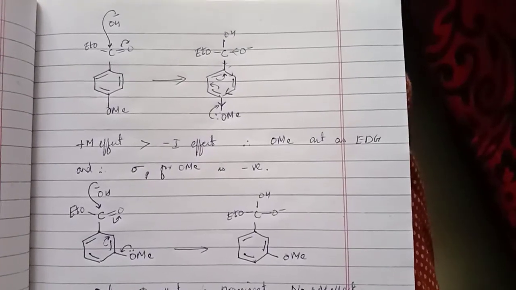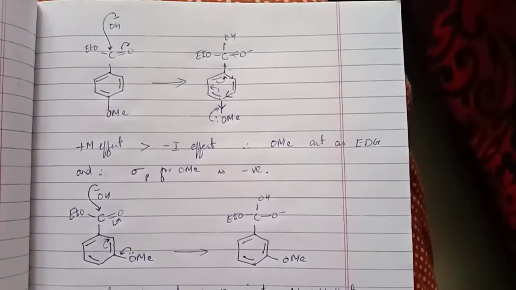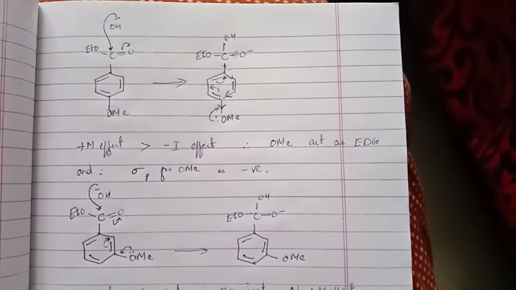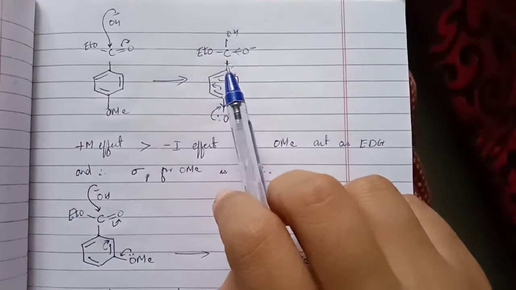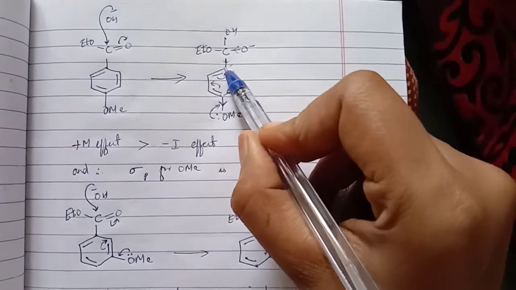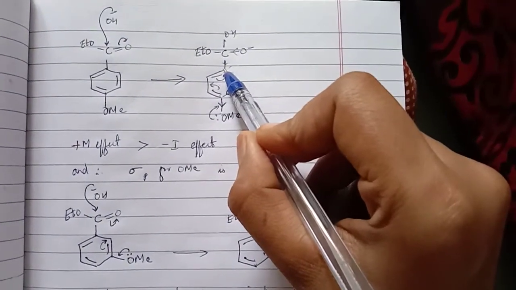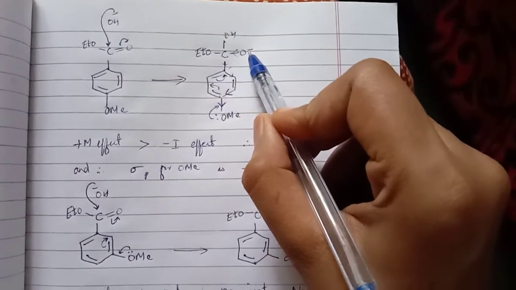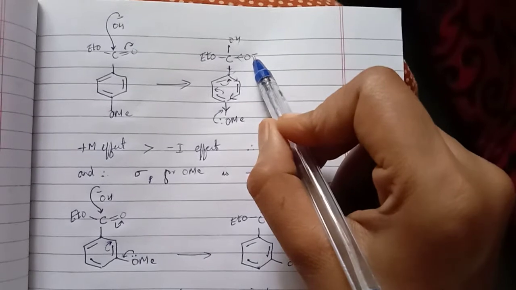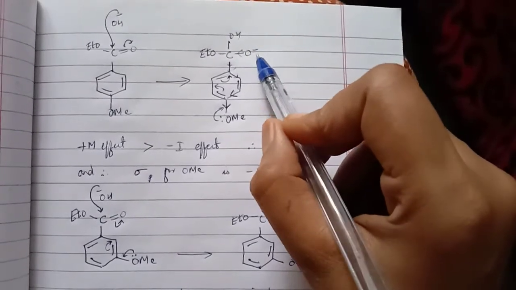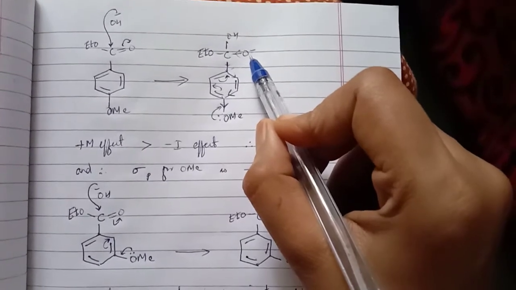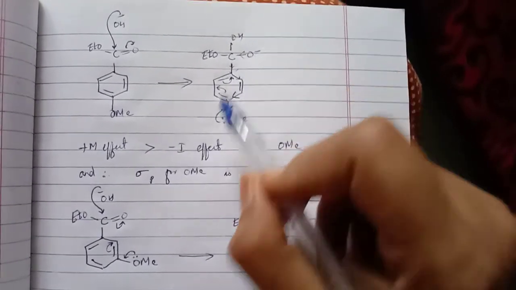Actually, the minus I effect will stabilize the tetrahedral intermediate, while the plus M effect destabilizes it. Due to the plus M effect, there will be a negative charge at this carbon. That negative charge will be transferred to oxygen also. So the charge at oxygen, the negative charge, will be increased. So it destabilizes the tetrahedral intermediate.